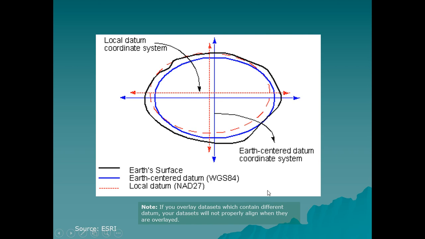For example, the average difference between WGS 84 UTM, which is a global one, and the local one for Trinidad, Naparima 1955, you'd find that there is an offset of about 200 to 400 meters. So this is why you need to be aware of what datum you're using, because if you're overlaying layers with different datum, you will have a problem with alignment.